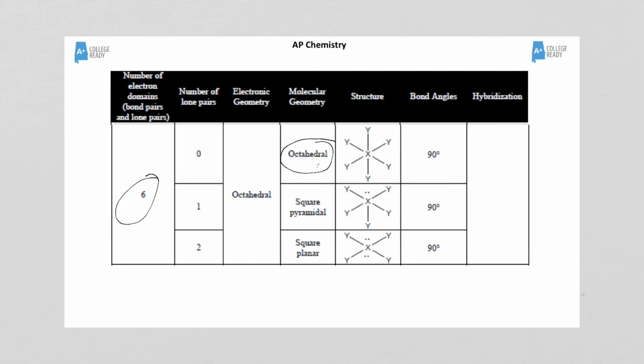So that's where that is coming from, because this is a 3-dimensional model. So 6 total bonds is octahedral. Square pyramidal is where you have 5 bonds and a lone pair. Square planar, again, this is an example of a shape that has lone pairs and is a completely symmetrical molecule and therefore is nonpolar. Square planar, 4 bonds, 2 lone pairs. Don't worry about the bond angles, know the specific shapes.